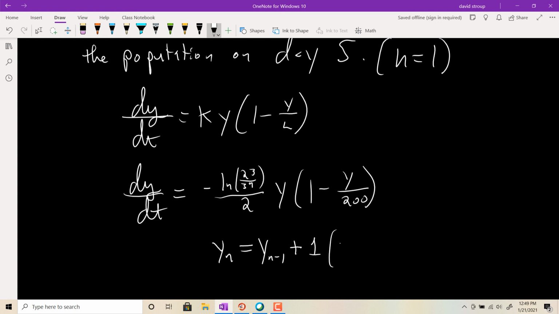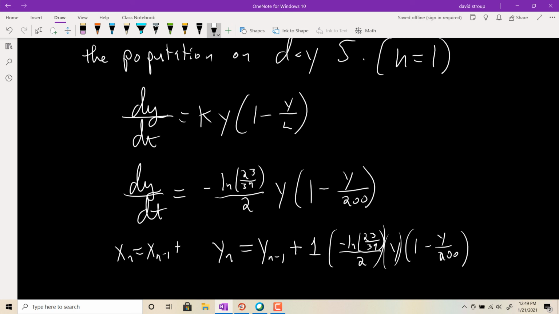So that's going to be negative ln of 23 over 39 all over 2 times y times 1 minus y over 200. So it's a real nightmare, as you're noting, I'm sure. And of course, x sub n is just going to be x sub n minus 1 plus 1, the h value.